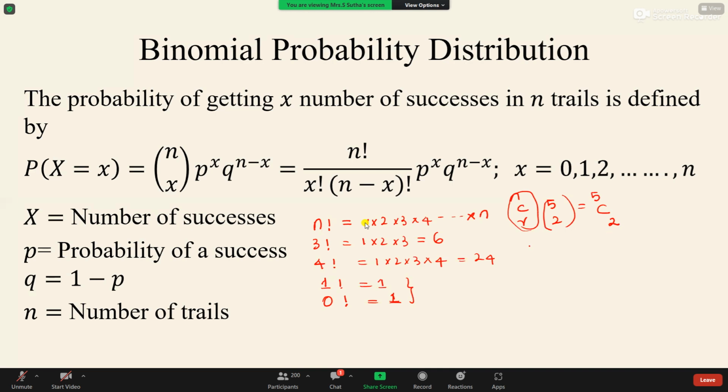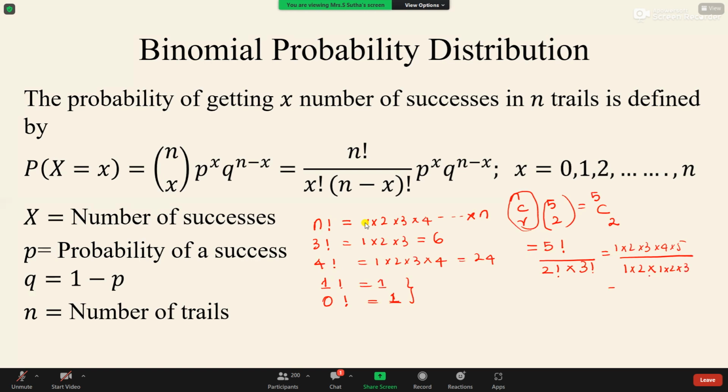Manually, when we calculate, it is equal to 5 factorial, then x is 2, that is 2 factorial, into n minus x, 5 minus 2, 3 factorial. When simplifying, 5 factorial means 1, 2, 3, 4 into 5, divided by 2 factorial, 1 into 2, into 3 factorial, 1 into 2 into 3.